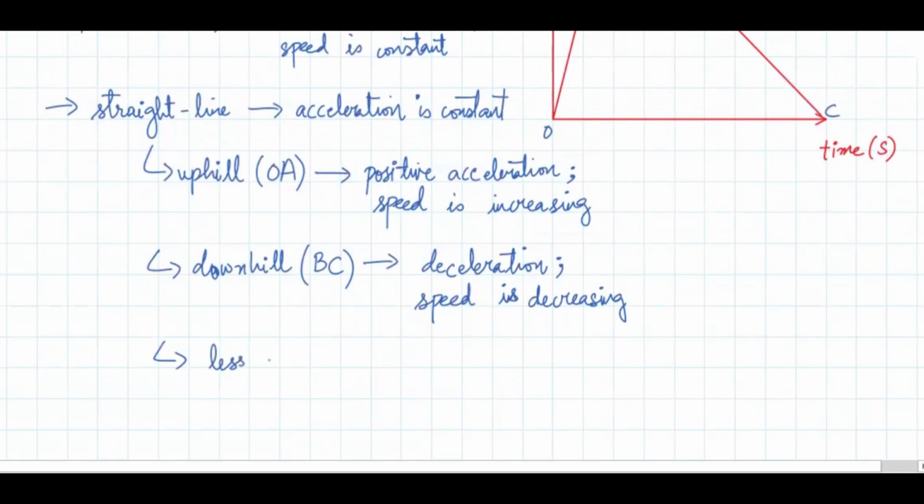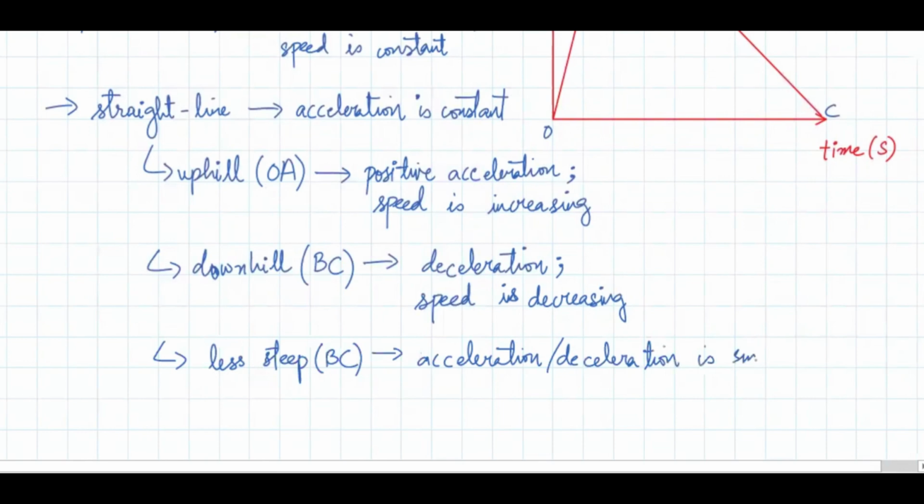If we have a less steep line like BC, then the acceleration or deceleration is going to be small.